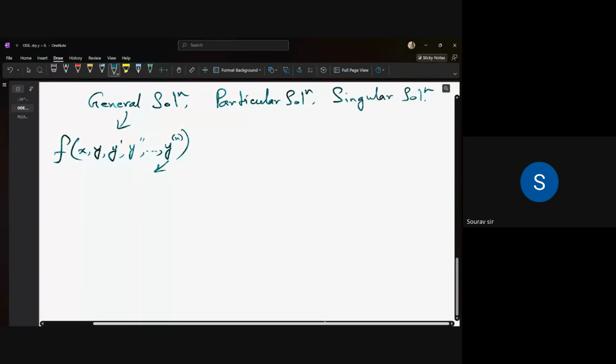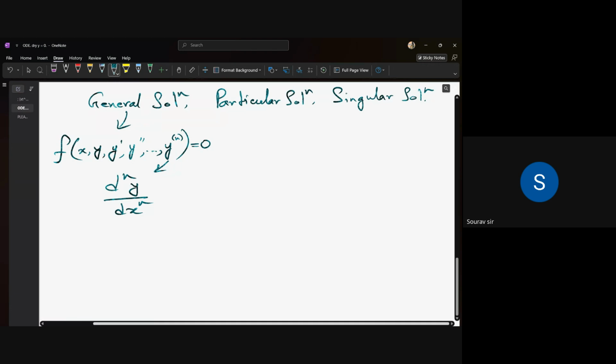That is only the nth derivative with respect to x. Okay. So now let us take this equal to 0. Then from this we are getting a solution. So basically that is called the general solution.